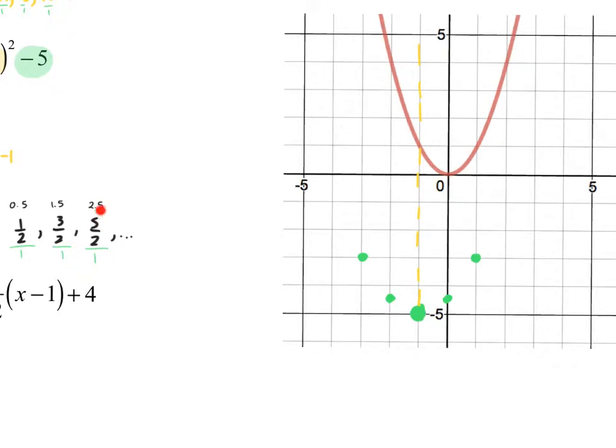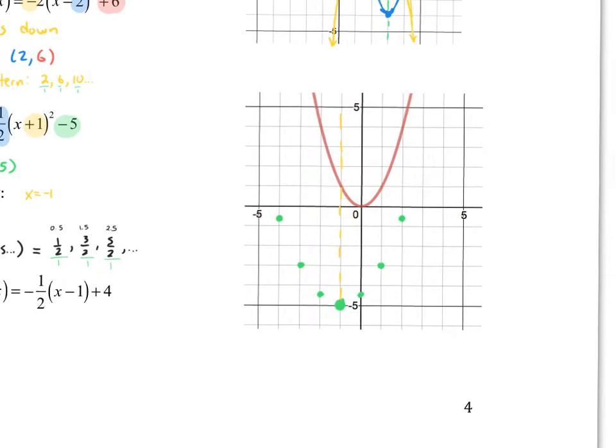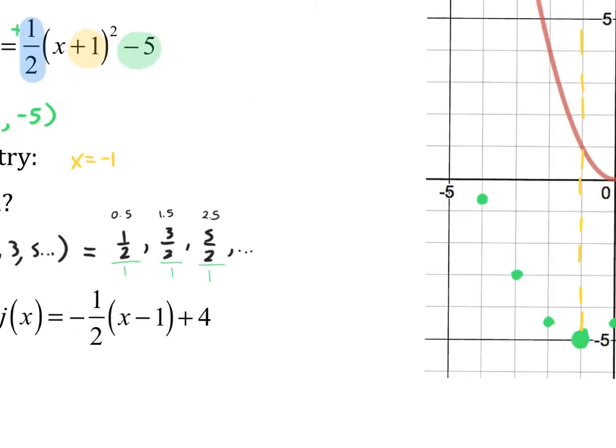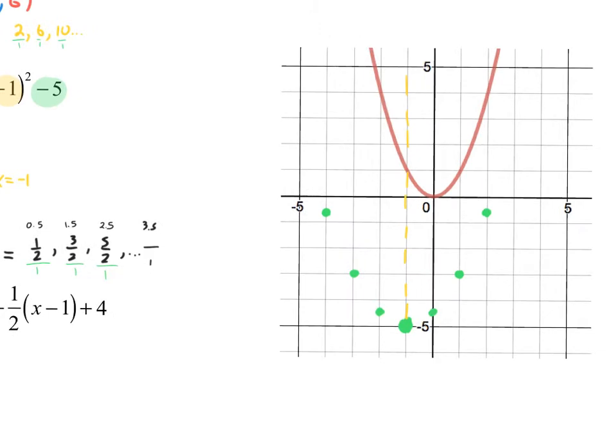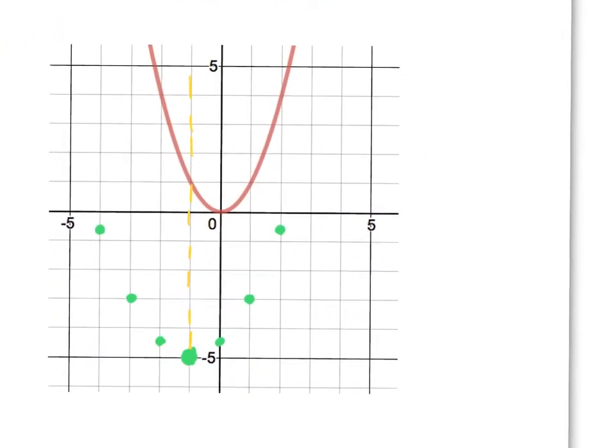The next one is 2.5 over 1. So up 1, up 2, halfway is between, and then I go right 1 to be there. Now it turns out we actually have enough room. We could do the next in the pattern, which is 7/2. So while we're there, I might as well do 3.5 over and then over 1.